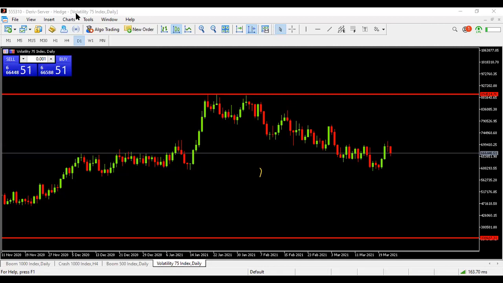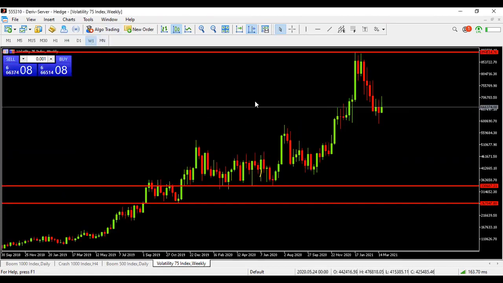Now remember, for you to understand the market structure, the first thing you want to do is to go back to the higher time frame. Remember, we have weekly. According to the weekly, it's showing us that it's an uptrend that is doing a pullback to go upward, right? But let's go back to the daily time frame.